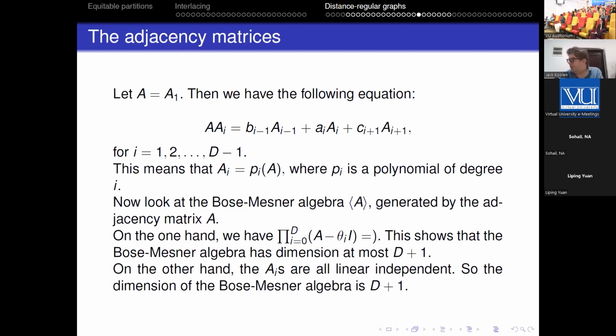Because they have zeros and ones in completely different places, so they add up to the all-ones matrix. So they are clearly linearly independent. So we have D plus 1 linearly independent elements in our algebra, that we have already shown.